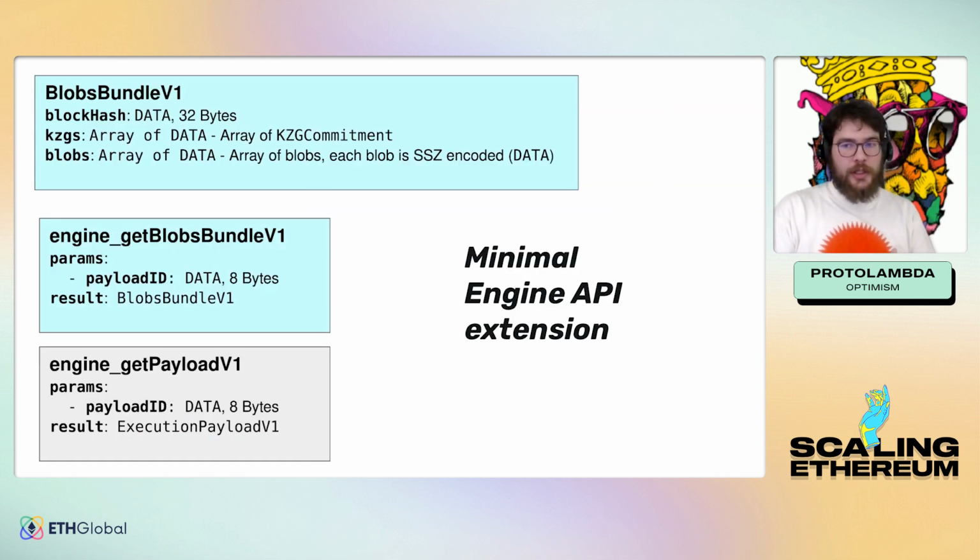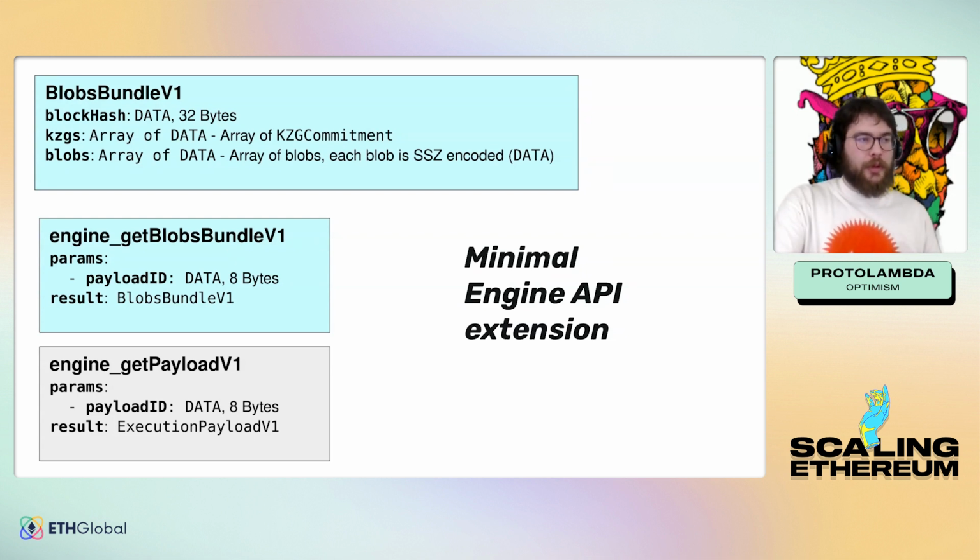Now, how does this work between the layer 1 consensus layer and the layer 1 execution layer? We used to have this API called the engine API, and we have the same API right now, except we are adding one method and one type.